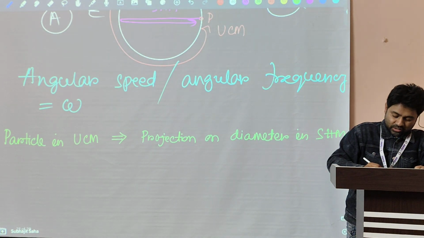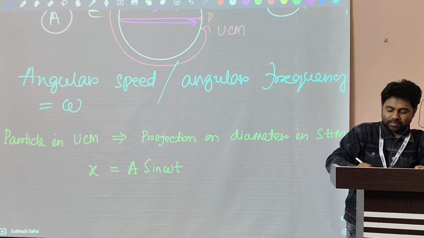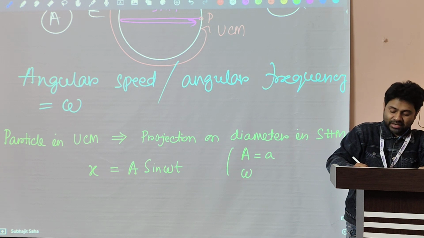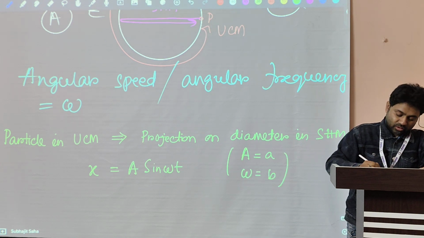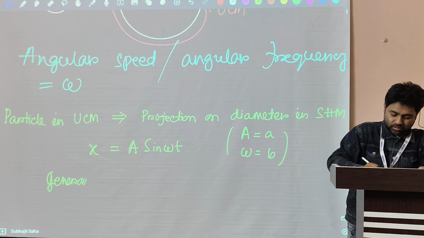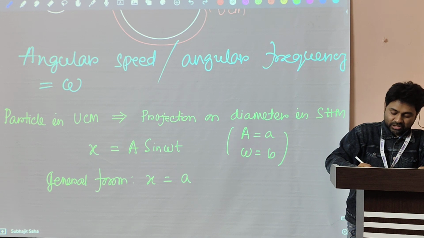From this analogy, the displacement equation can be written as A sin omega t. Here we have substituted small a by capital A and omega in place of b. Whereas the general form that we wrote was x equals a sin bt.